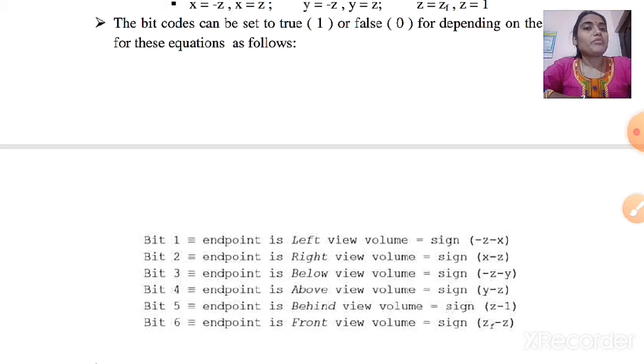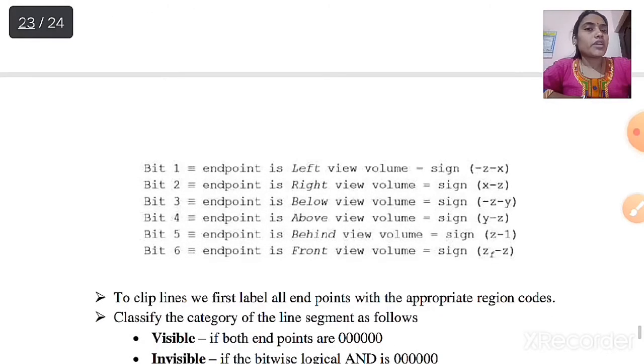If bit 2 is set, the endpoint is in the right view volume, then the value is sign x minus z. Bit 3: the endpoint is below the view volume, then the value is sign minus z minus y.